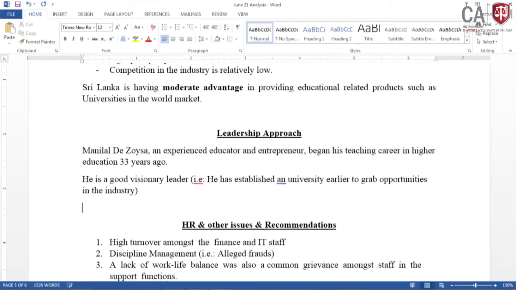Then the company has grown in the past, profitability has increased.